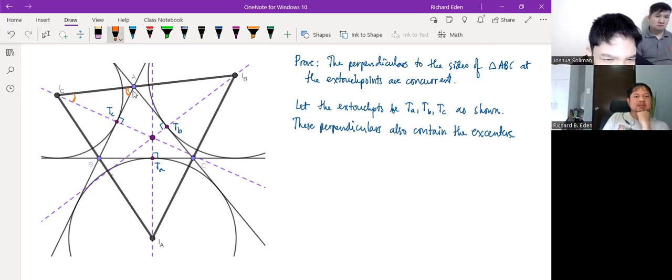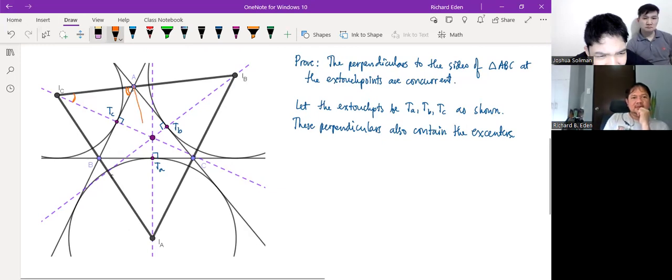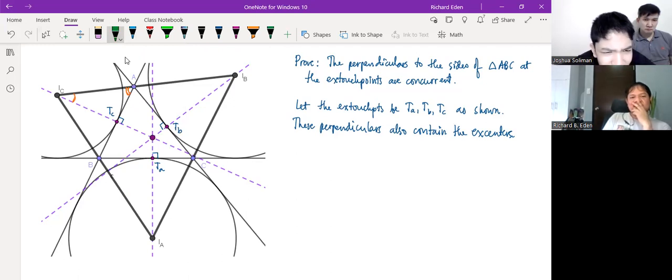But then this double marked angle, because it's half of the external angle bisector, it is complementary to, in terms of the incenter, it's half of A. Let's say this is where the incenter is, I.